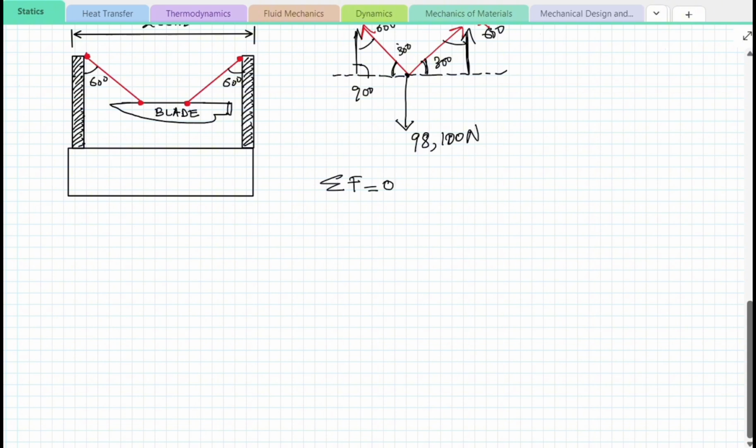But on this particular example, we won't have to worry about the x component, since the weight that needs to be supported is only acting in the y direction. So with that in mind, we will write all our forces that are acting in the y direction.